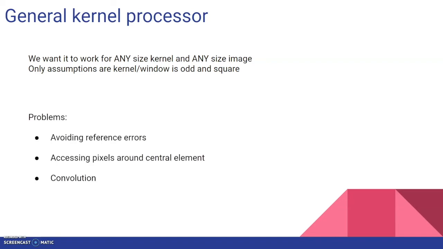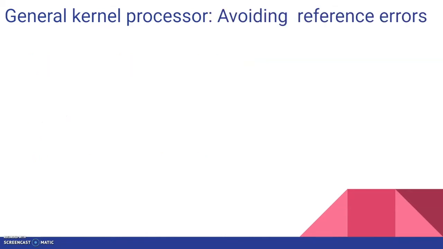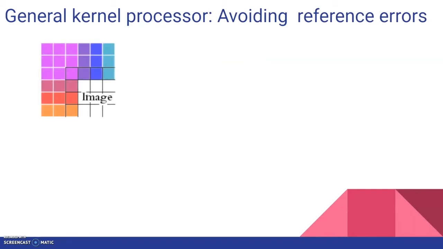And there's three main problems that arise from this: avoiding reference errors, accessing the pixels around the central element, and the actual math, which is the convolution. So for avoiding reference errors, this is just a matter of when the central pixel is around the edges of the image, and it's trying to reference elements that are outside of the image.